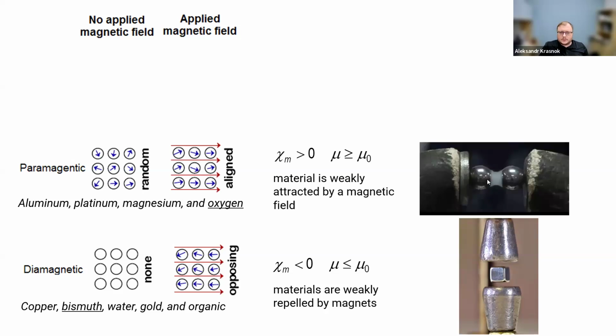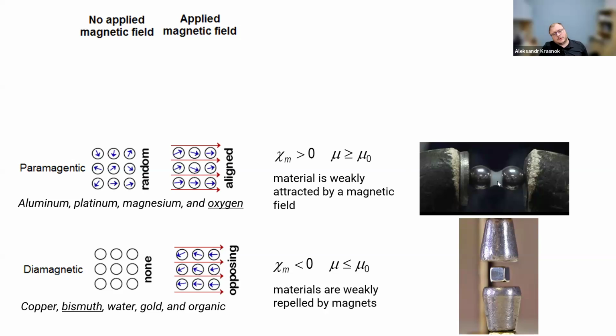And here I took a picture of another experiment. Again, here on the left and right you see the poles of a strong magnet with two metallic spheres, okay, that form a small gap.